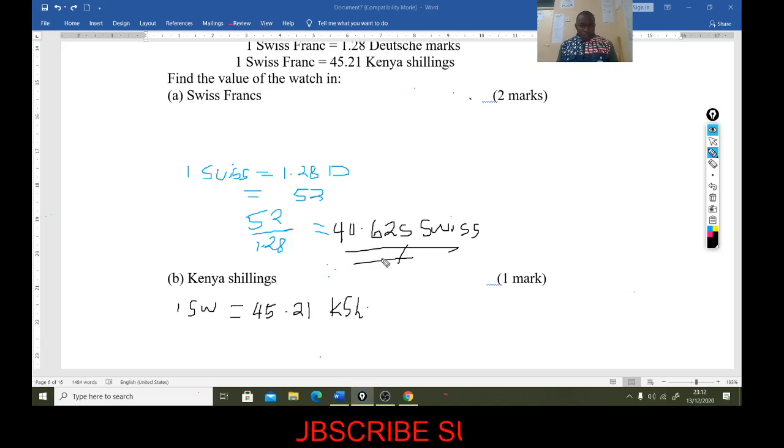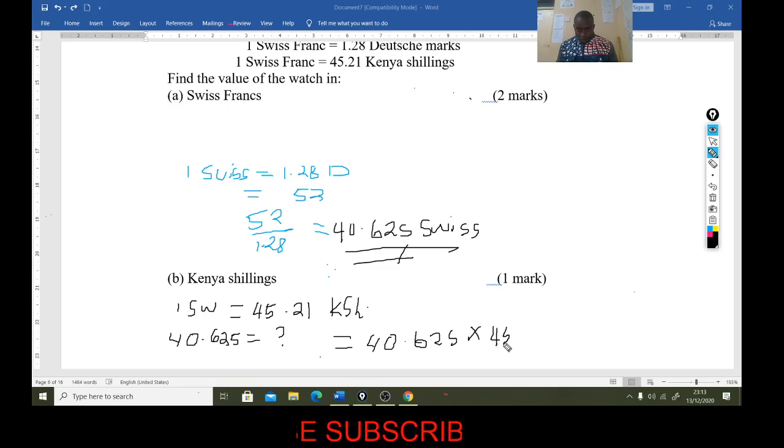What about 40.625 Swiss francs? It will be equal to 40.625 times 45.21, so this gives you Kenyan shillings.